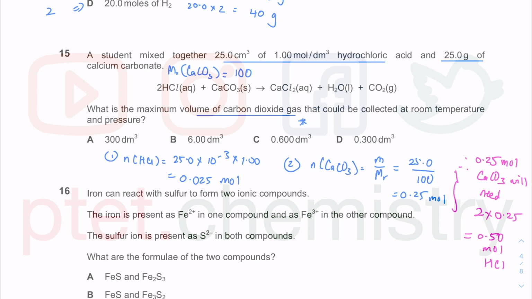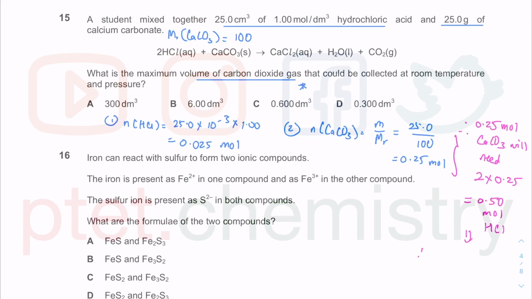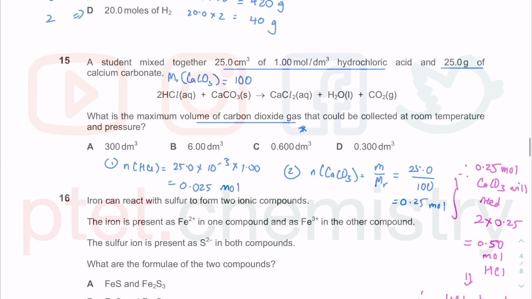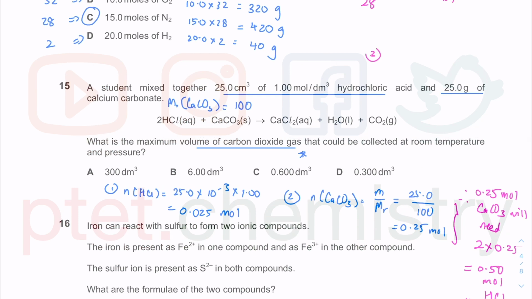You have lesser than this. Therefore, this is completely used up because it's much lesser than what you need. All right, so sure you're working like this. Therefore, HCl is used up, i.e. we said that it's limiting. And because HCl is limiting, we got to use HCl as our calculations to work out the volume of gas there.